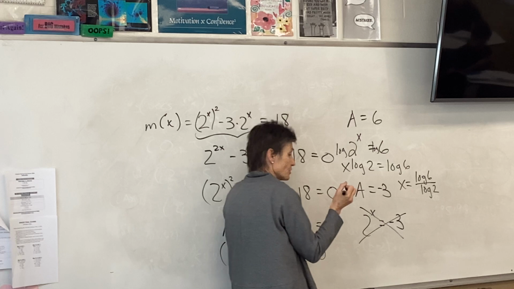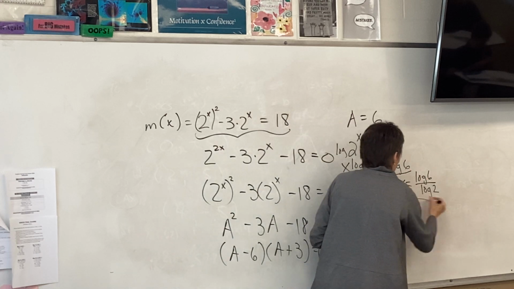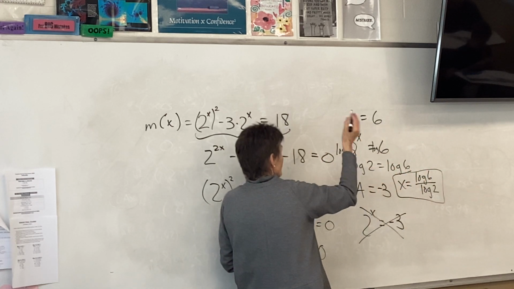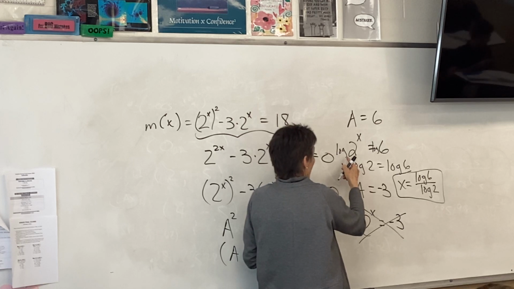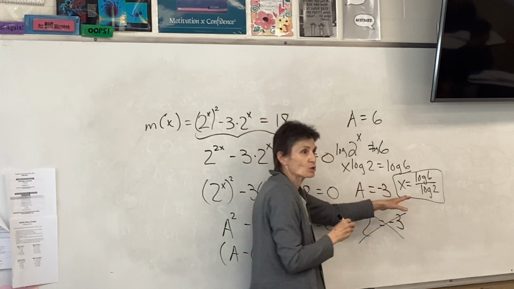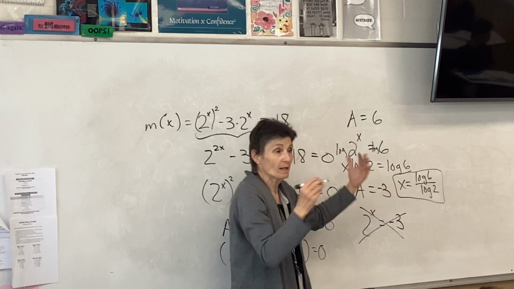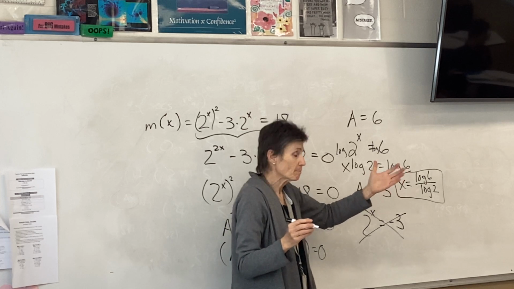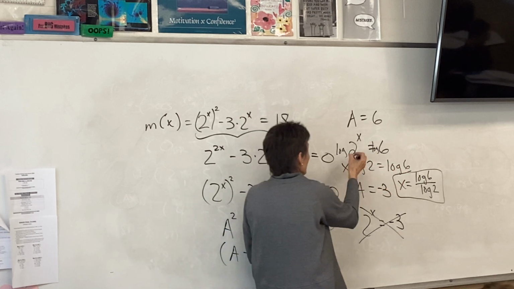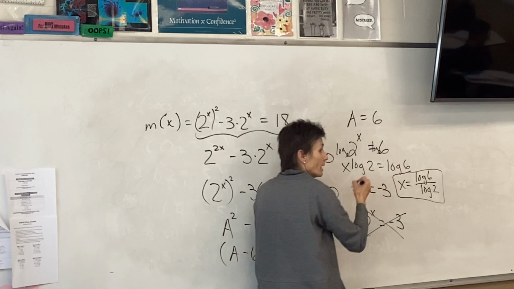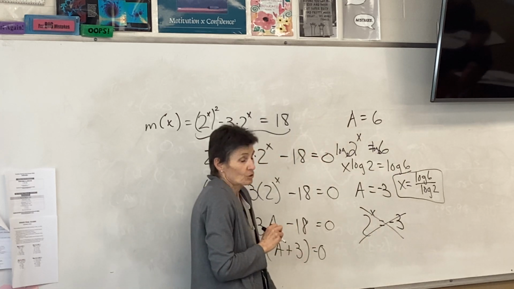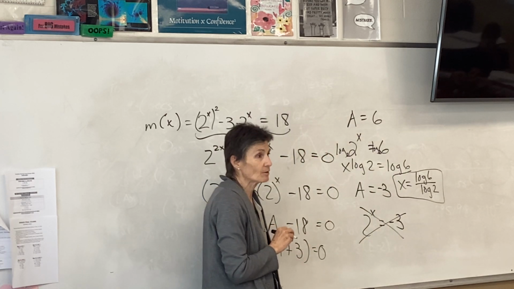I don't think there's anything wrong with that, but instead of log base 10 of both sides, which is what I did, could I have used ln on both sides? Yep. Could I have used log base 2 on both sides? Sure, you don't have a calculator, so it doesn't really matter.